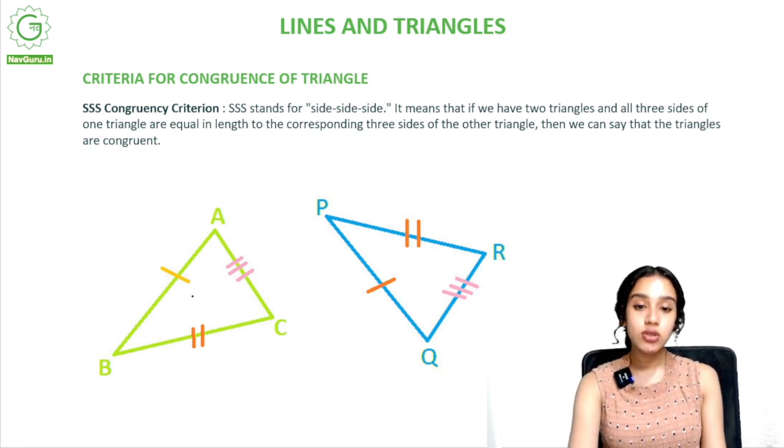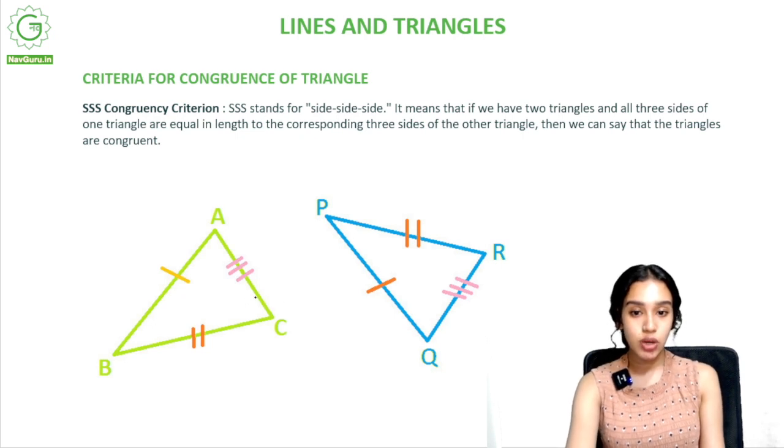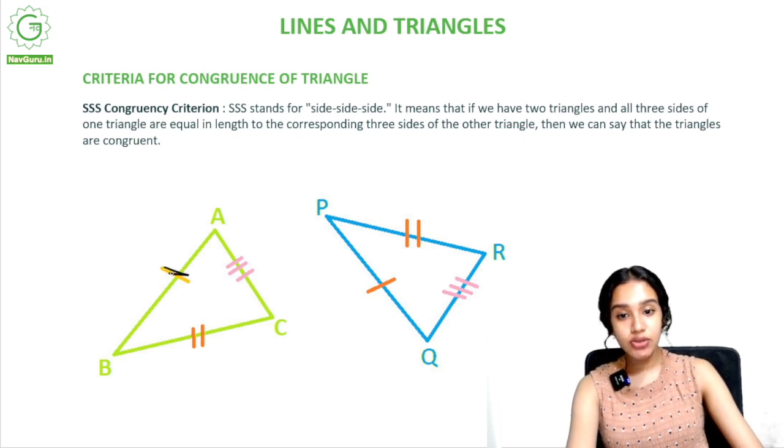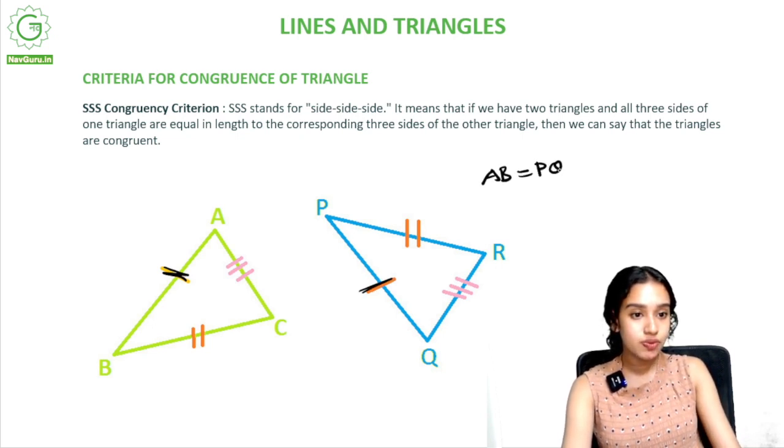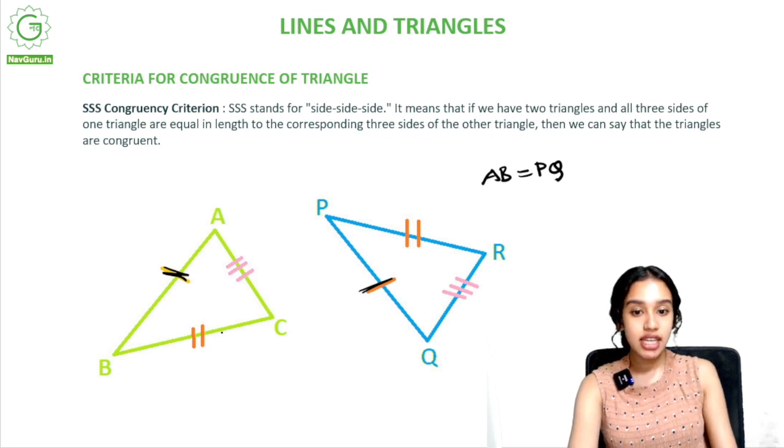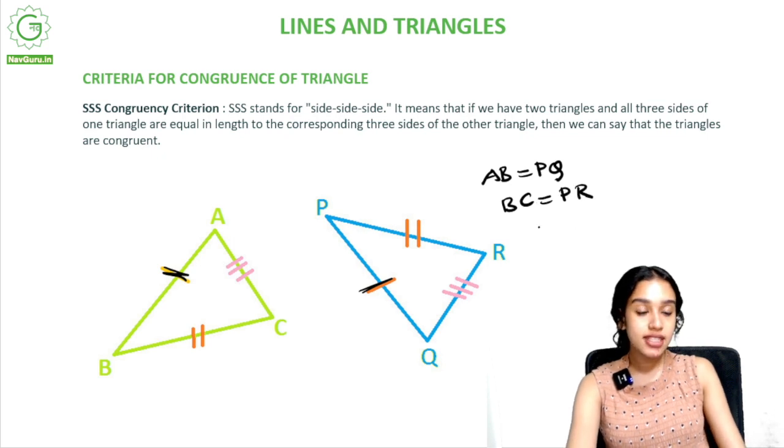Here there are two triangles, ABC and PQR. We are saying that AB is equal to PQ, BC is equal to PR, and AC is equal to QR.